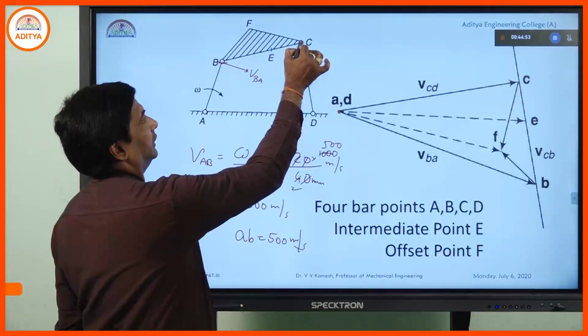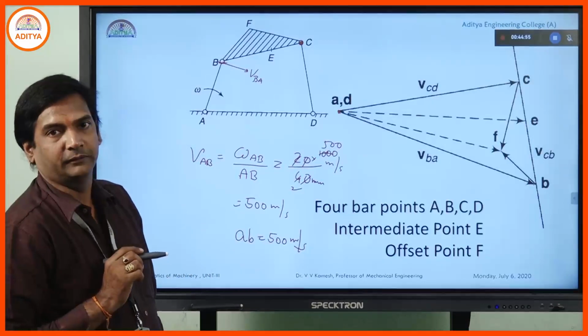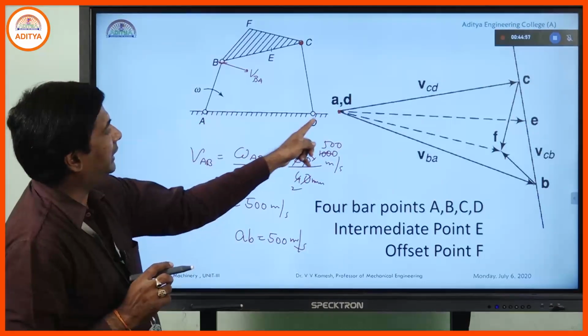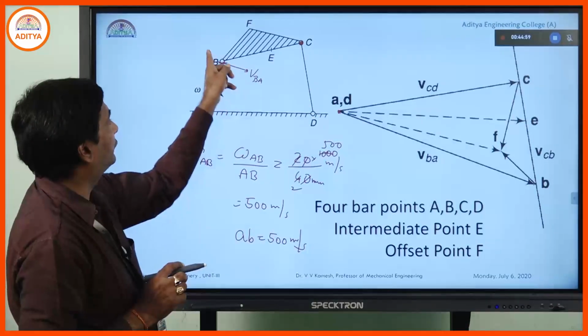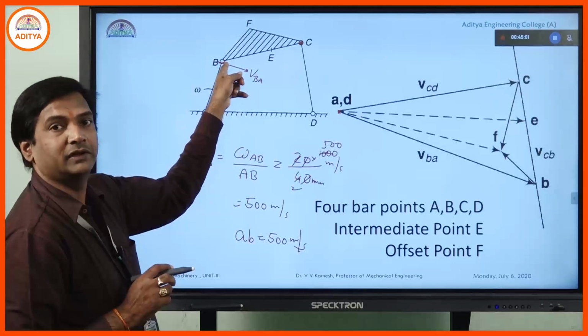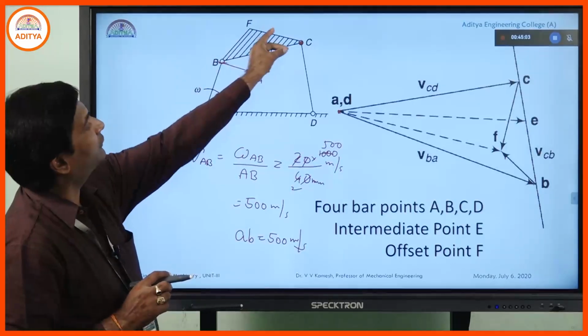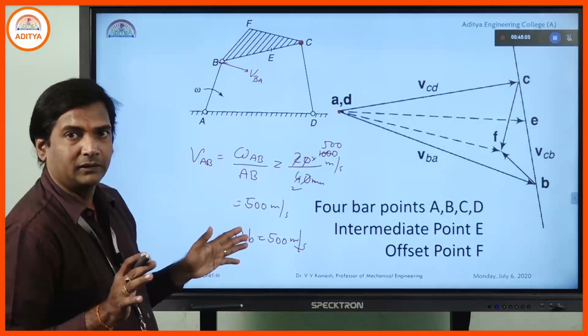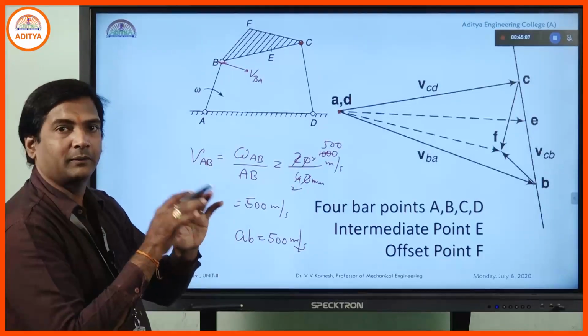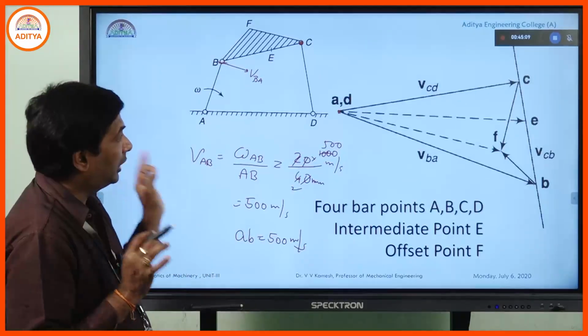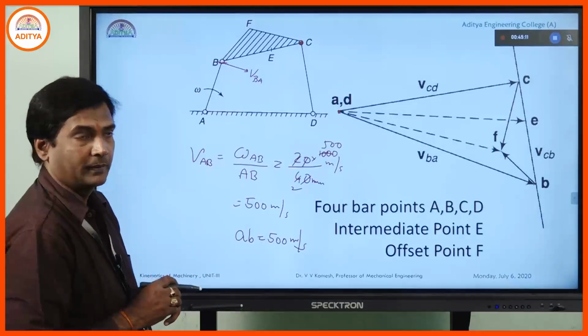Now, if we identify point C, already points A, D are fixed ones. We identified point B by means of the input parameter. If we identify point C, then A, B, C, D link parameters are completed. Now, how to identify C?